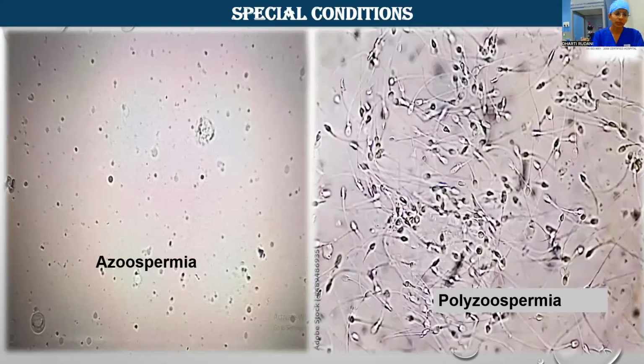Azoospermia is the complete absence of sperm in the ejaculate, and requires further evaluation to determine whether the case is obstructive or non-obstructive. Polyzoospermia, although uncommon, is characterized by unusually high sperm concentration, which may still be associated with reduced fertility due to poor sperm function.